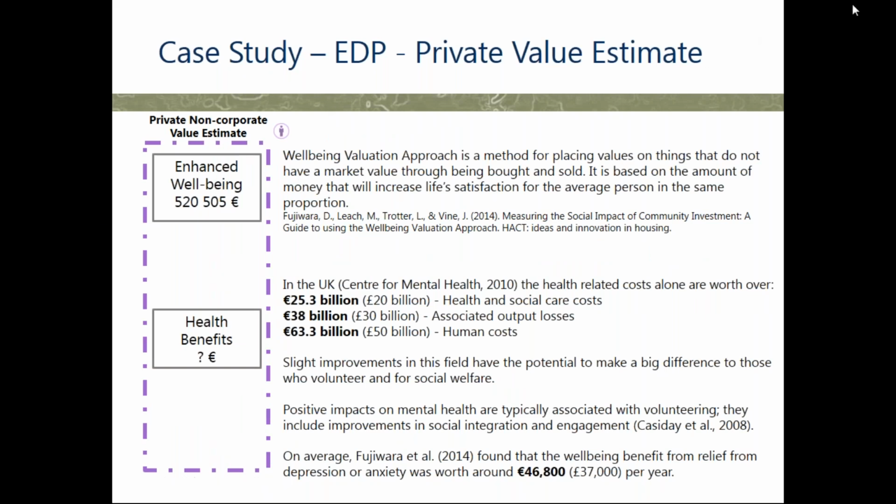And how did we manage to get a value on the well-being for volunteers? Well, we used the well-being valuation approach by Mr. Fujiwara, who developed this approach in the UK, and that is now used across UK public bodies to control policy results.